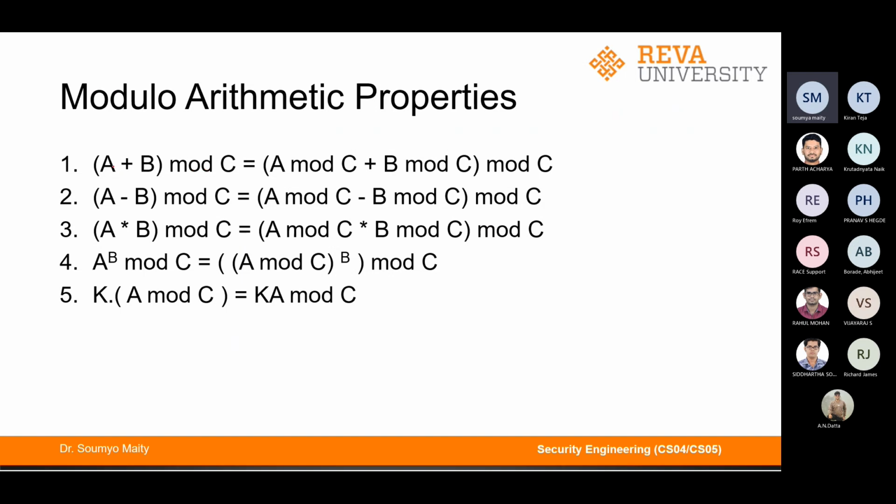For A plus B, you just add those remainders, and then again take mod C, because the remainders adding up might be greater than C. That's why you apply mod C another time. It's very simple, the same way that I have proved it here.